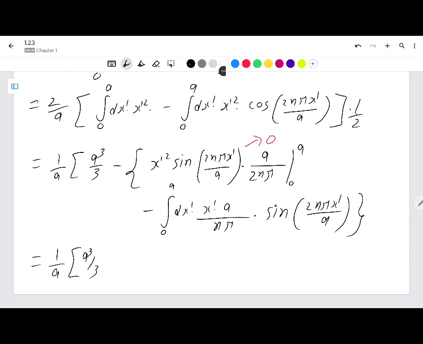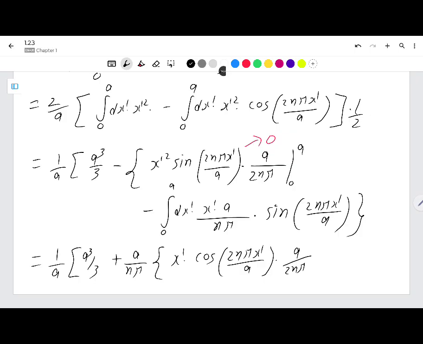And we now move to the next part, which is again, if I do integration by parts, I get a by n pi outside, and it will give us x prime sine n pi x prime by a from 0 to a, divided by 2n pi.